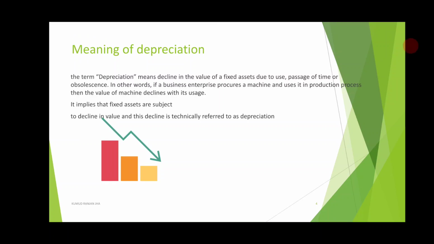The term depreciation means decline in the value of fixed assets due to use, passage of time, or obsolescence. In other words, if a business enterprise procures a machine and uses it in the production process, then the value of the machine declines with its use.